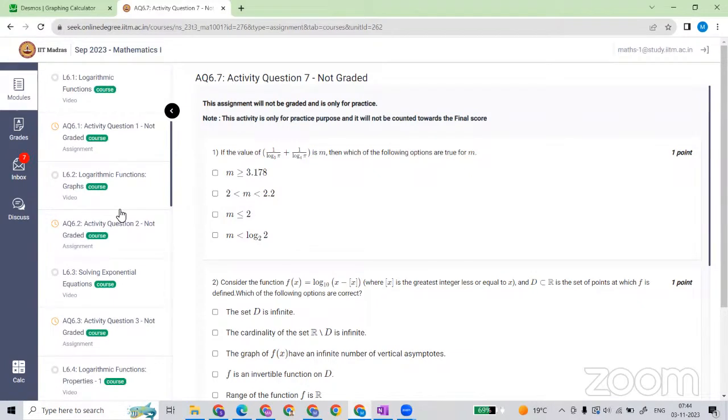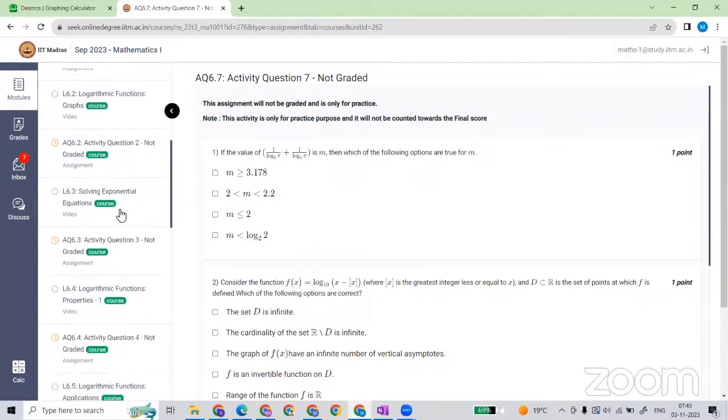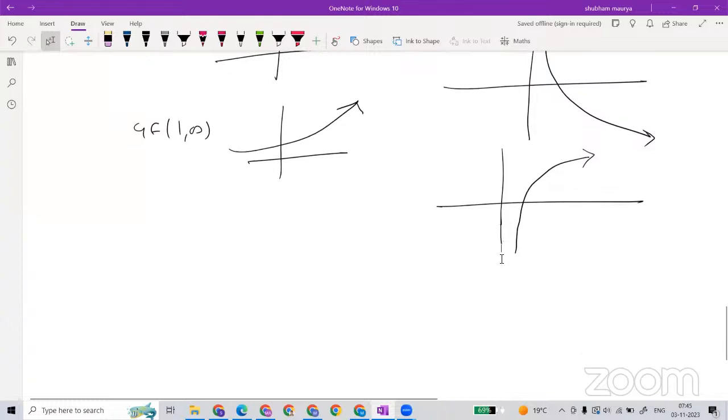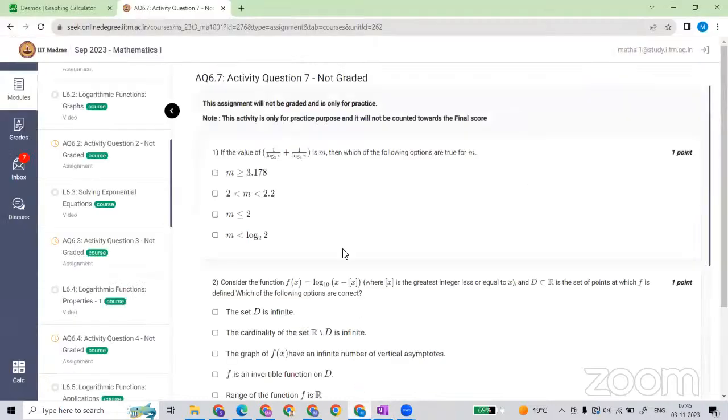Anything more here? Solving exponential equations, properties. Okay, I think I'm missing something. Let's talk about something more. We can talk about properties also. Let me list out the properties. You can even just Google that and get the properties easily.